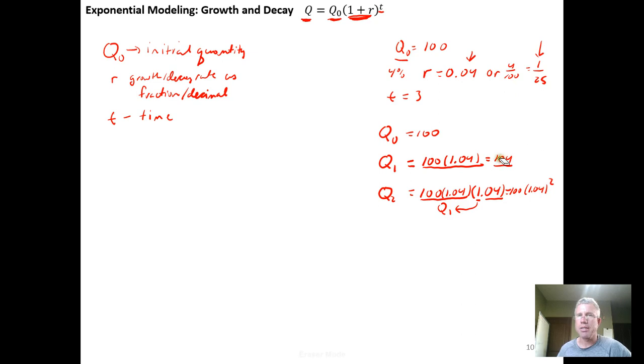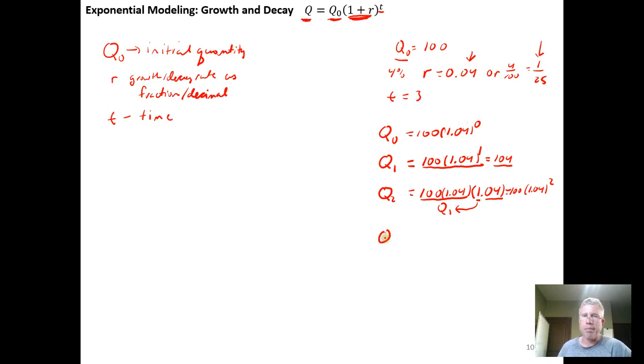And we want to recognize that this is really just 100 times 1.04 to the first power. And in fact, at time equals 0, it's really 100 times 1.04 to the 0 power, because anything to the 0 except 0 itself is going to be equal to 1.